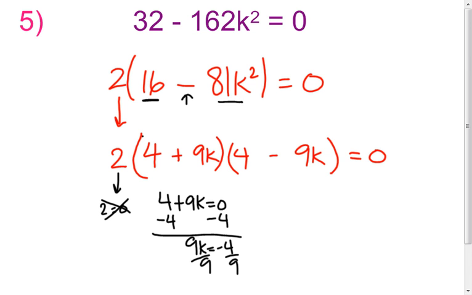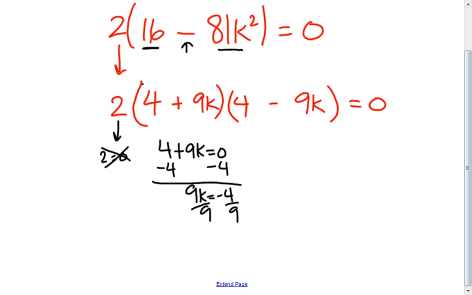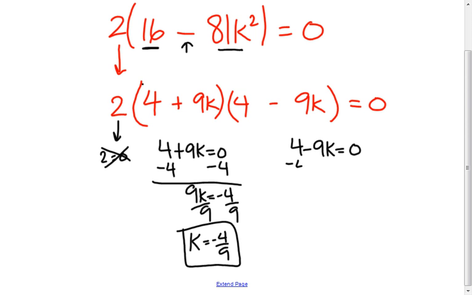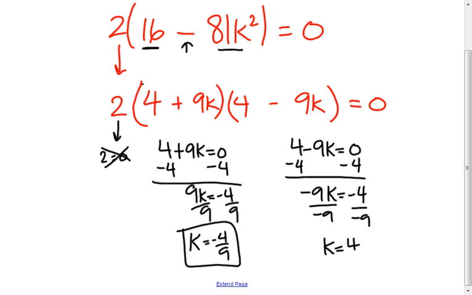Divide by 9, and k will be negative 4/9. And then over here, 4 minus 9k equals 0. I will subtract 4. And divide by negative 9. And remember that a negative divided by a negative becomes a positive.